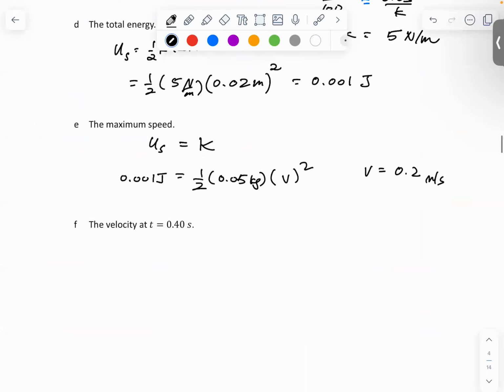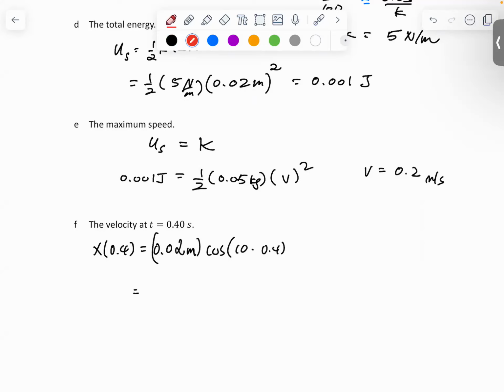So we are going to use the x of t equation, but then I'm going to go ahead and change the 2 centimeters to 0.02 meters, cosine of 10 times 0.4, which is simply 4.